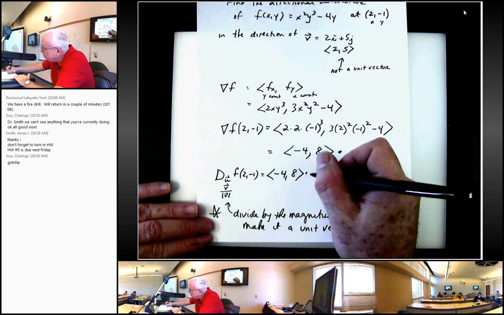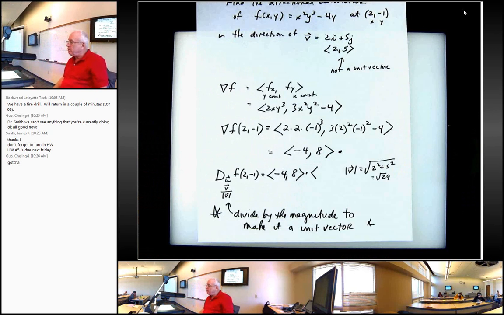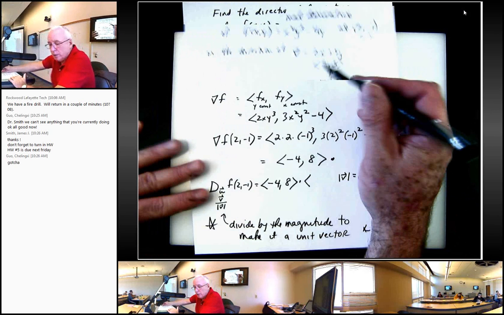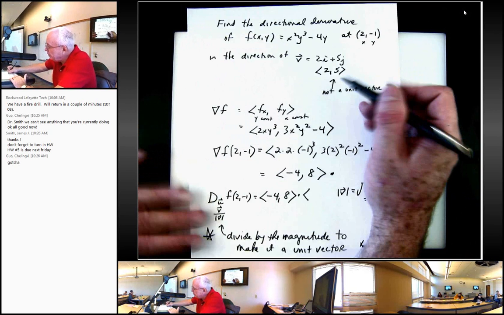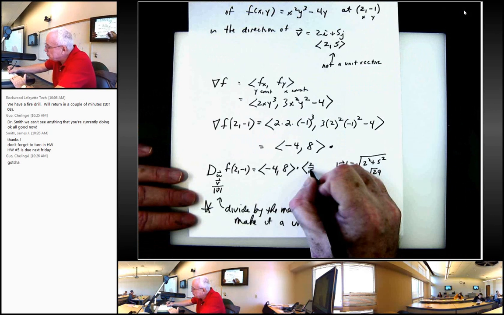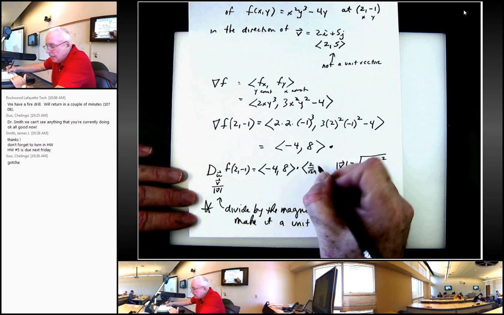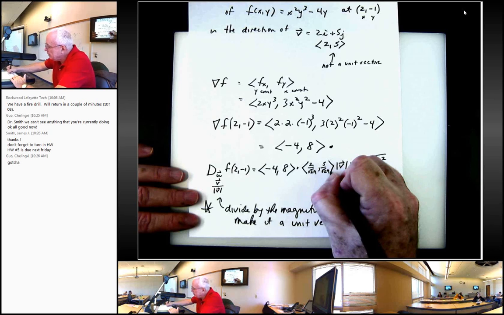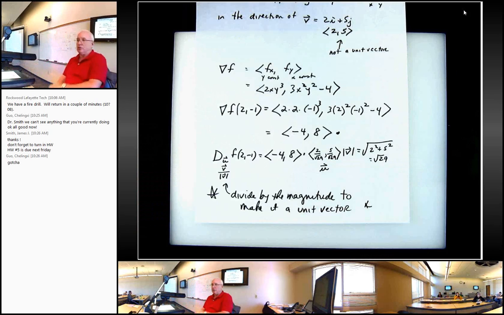We have to divide both components by the square root of 29. So our components are 2 and 5. So we have 2 divided by the square root of 29, and we have 5 divided by the square root of 29. This now is a unit vector.